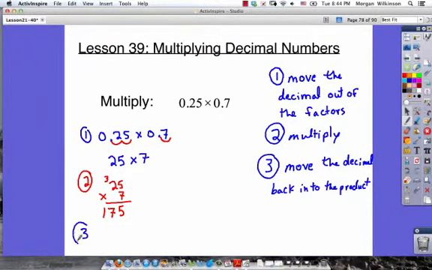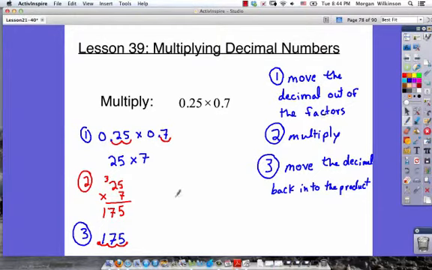So step 3, we've got 175. In our first step, we moved the decimal out 1, 2, 3 times so we could have whole numbers. So in our answer, we're going to have to move it back in 1, 2, 3 times in order to have the decimal point in the correct position.